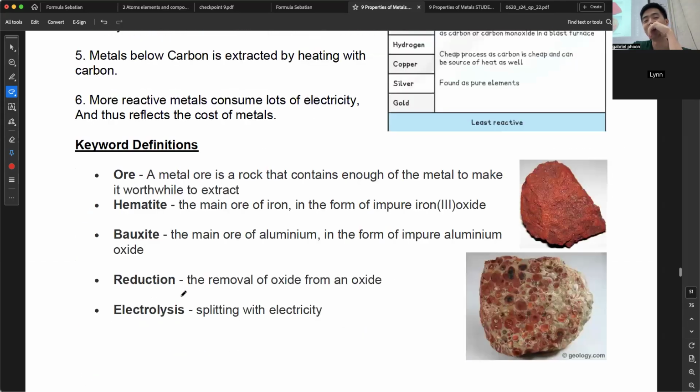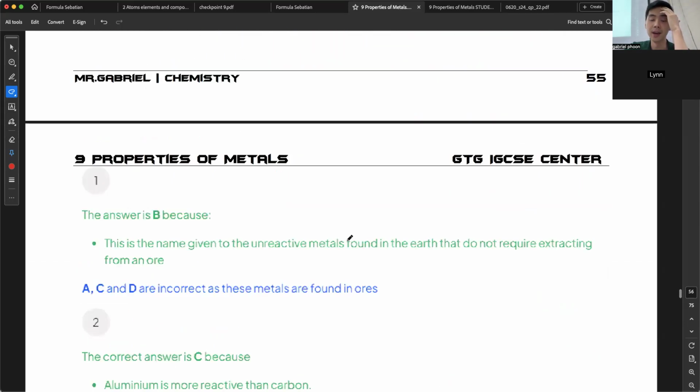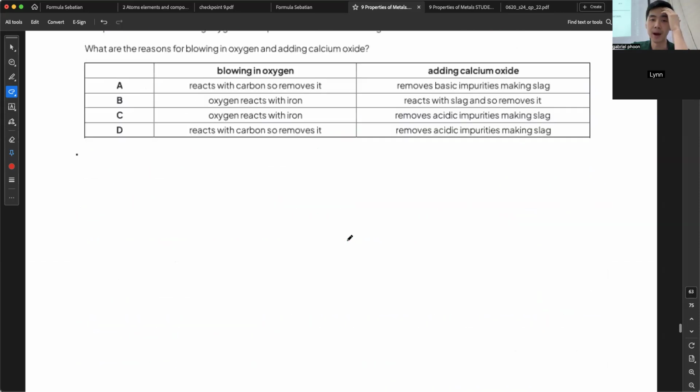If you refer to the notes that I mentioned, carbon is basically here. You can use carbon to reduce zinc oxide, iron oxide. But anything above carbon, you must use electrolysis already. Remember or not? Yes. And thus, that's your answer for that part.